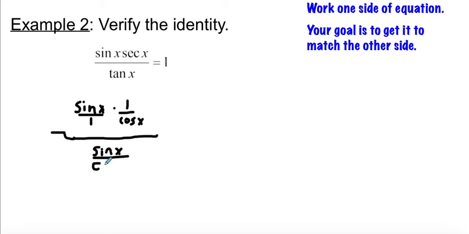All right, so I'm just working on this left-hand side here and getting it so it looks like the right-hand side there. That's all we're doing. That's all we want to do. So the next thing I can think about up here is to go ahead and multiply my numerator and denominator up there. Oh yeah, that is sine x over cosine x.